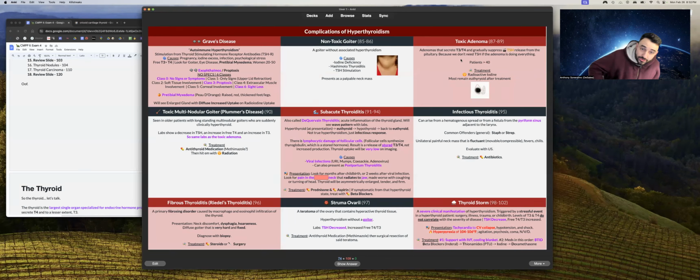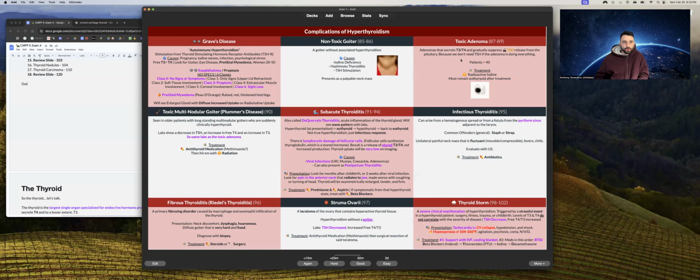Subacute thyroiditis, of course. All right, middle right here is infectious thyroiditis. Tachycardia to CV collapse. Yeah, CV storm is like no big deal. The problem is I have to make sure I don't confuse my bottom right for thyroid storm with myxedema. But I think if I think through it, I should be fine.